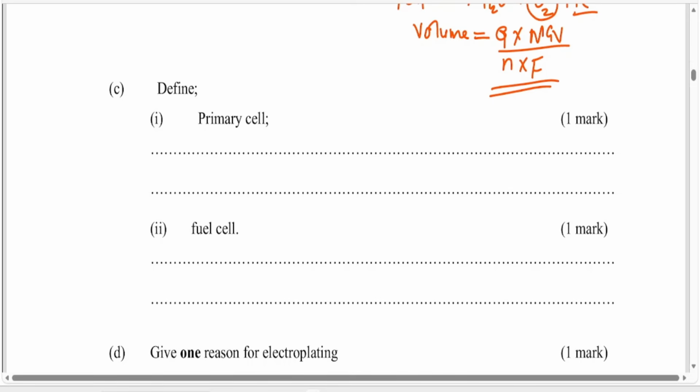So a primary cell is a cell that cannot easily be recharged after use.